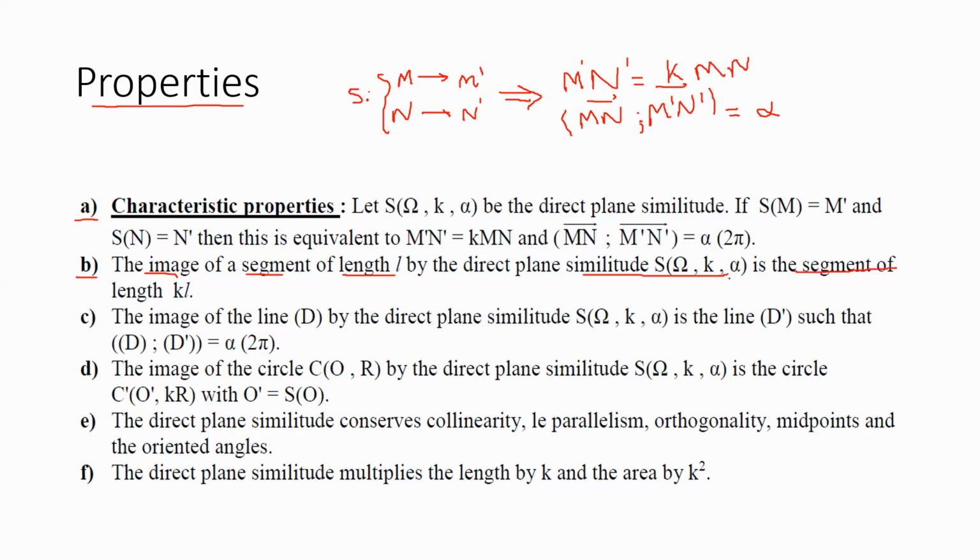Is a segment of length K times L. Yes, K. Is of length K times L. بالrotation we get the same segment. بالdilation and بالsimilitude we get the length of the segment is K times L. بالtranslation the same.